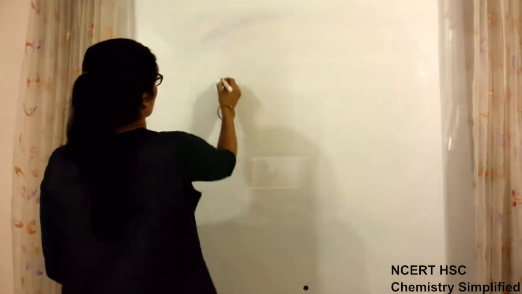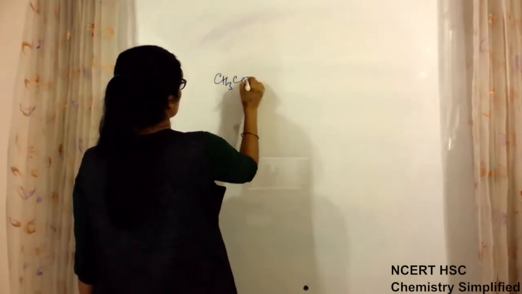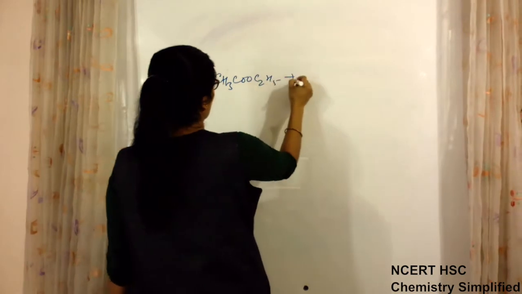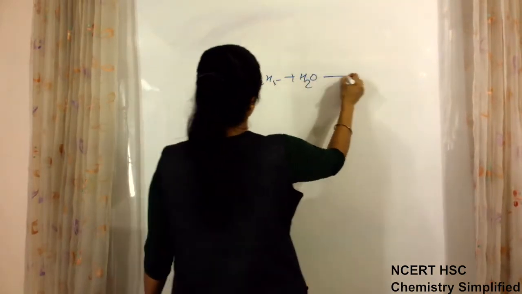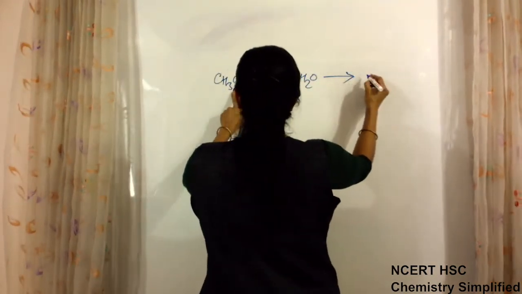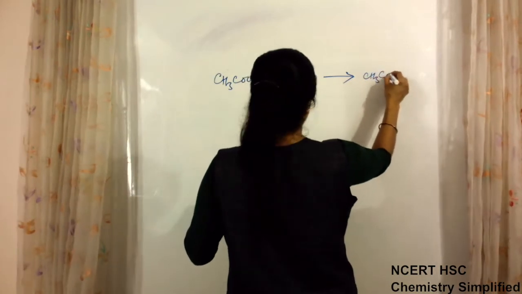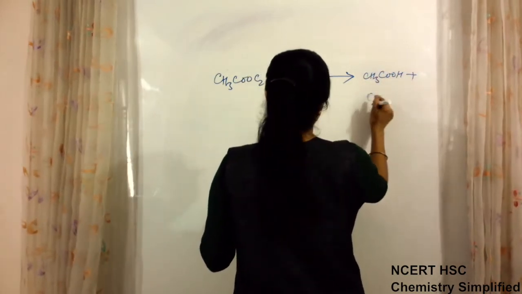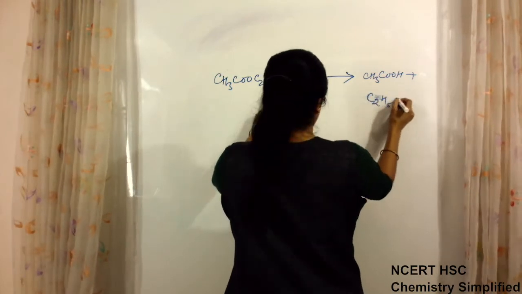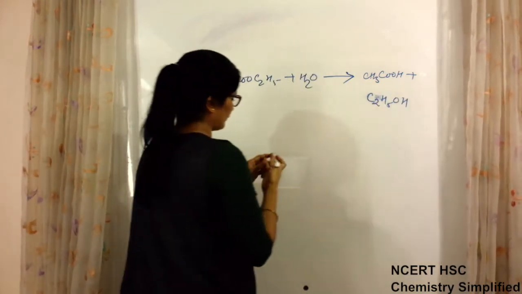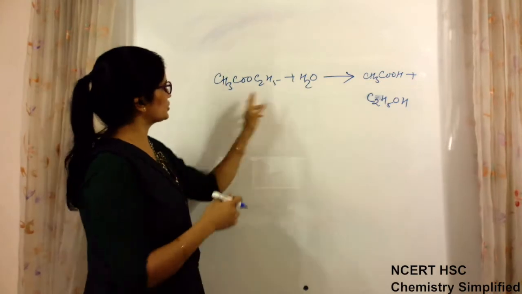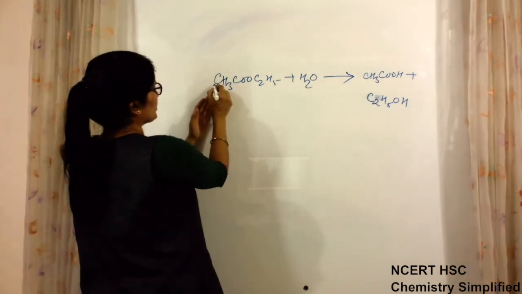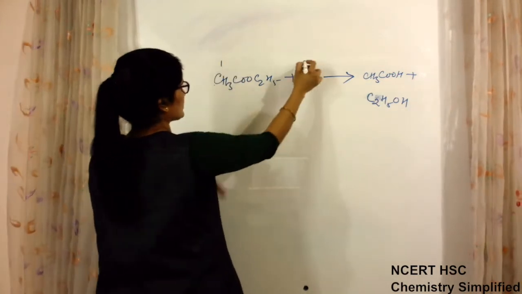Similarly, one more reaction is there, the esterification reaction: CH3COOC2H5 plus H2O gives CH3COOH plus C2H5OH. According to this reaction, you can see the stoichiometric coefficient of this is 1 and this is also 1.